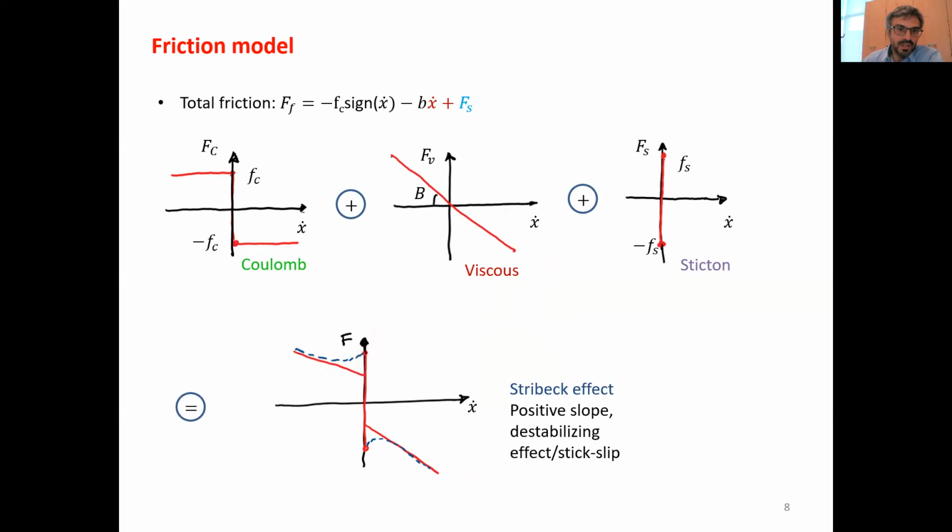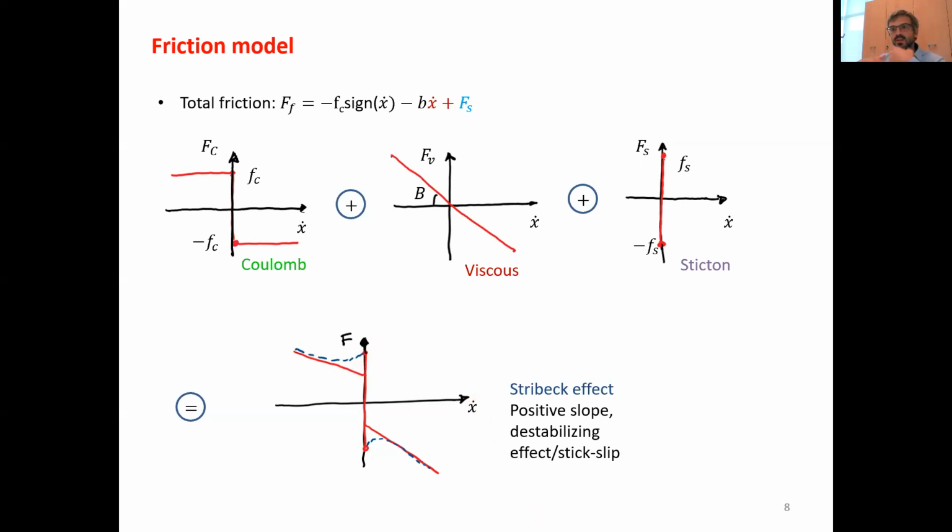This is a model that researchers in the 18th century found, but in reality, at the beginning when the motion starts there is a slight decrease in the friction force, and then an increase with the viscous part, as long as the viscous part starts to dominate. The initial decrease is called the Stribeck effect, and it's very dangerous, because it has a destabilizing effect, like having a negative damping.